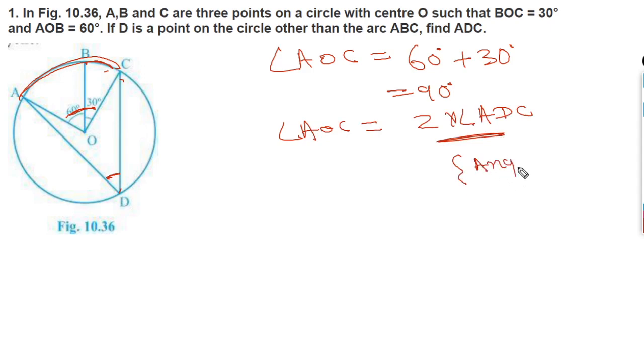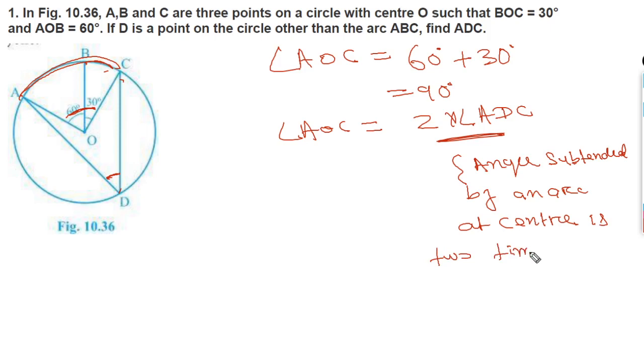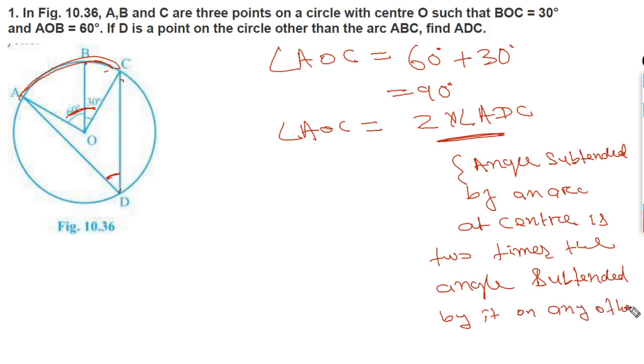Angle subtended by an arc at center is 2 times the angle subtended by it on any other side of the circle.